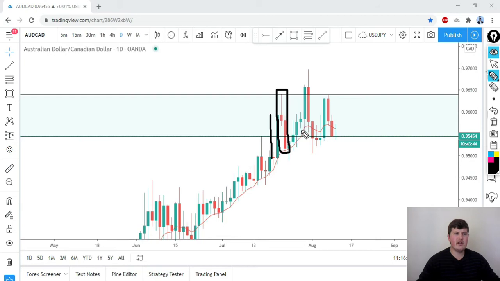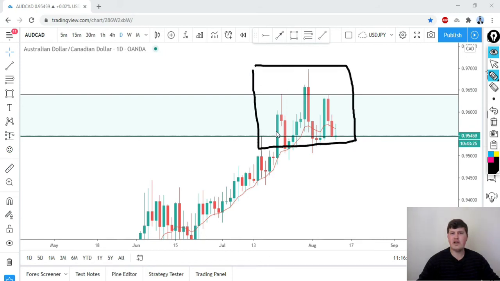Again, price breached this area and an aggressive decline followed, and then a third time price came into this area followed by an aggressive rejection. So we can see there's definitely some sort of price reaction at this area.